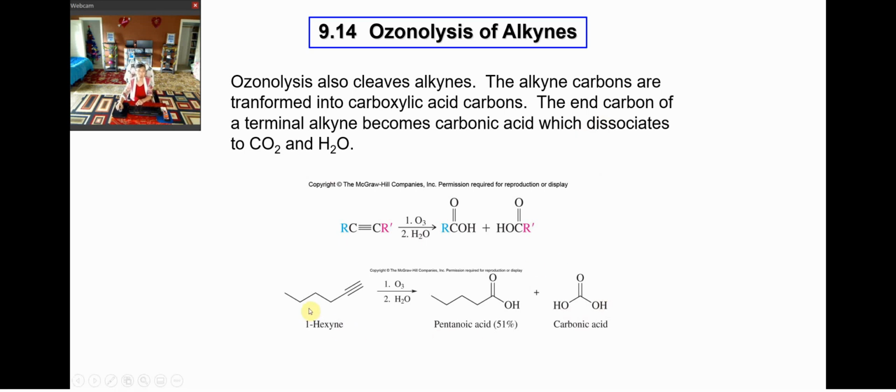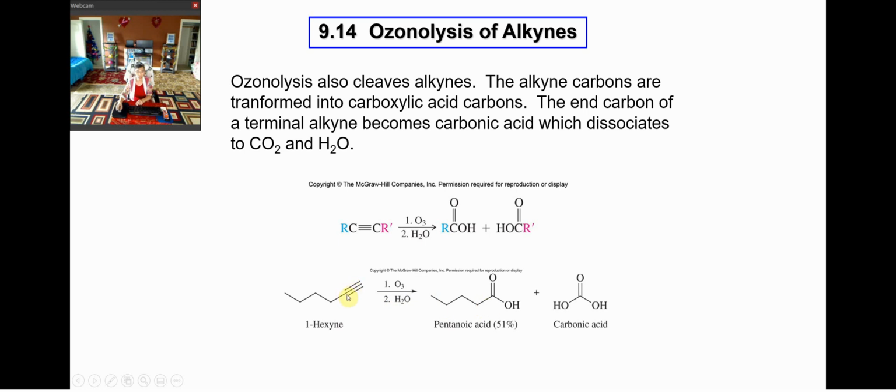For example, if I have this 1-hexyne, so number 1, number 2 carbon, you are going to subject to the bond cleavage. It's called ozonolysis, under O3 as your oxidizing agent, and then in water. What's going to happen?